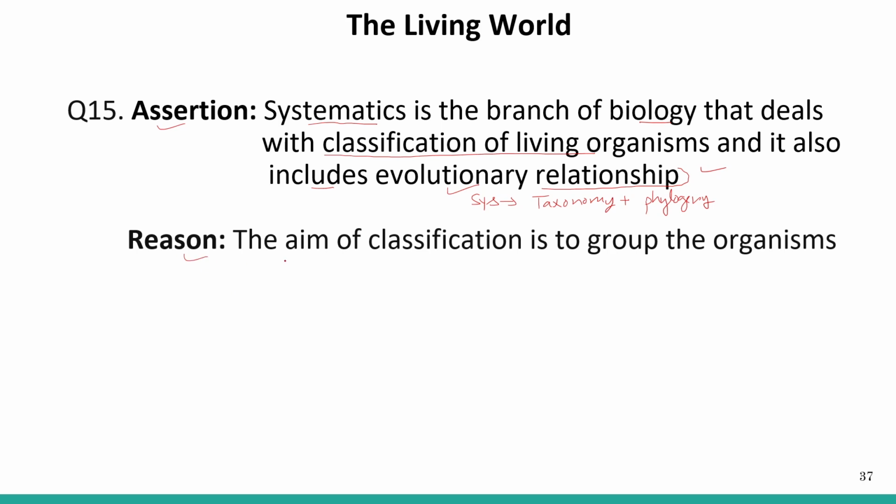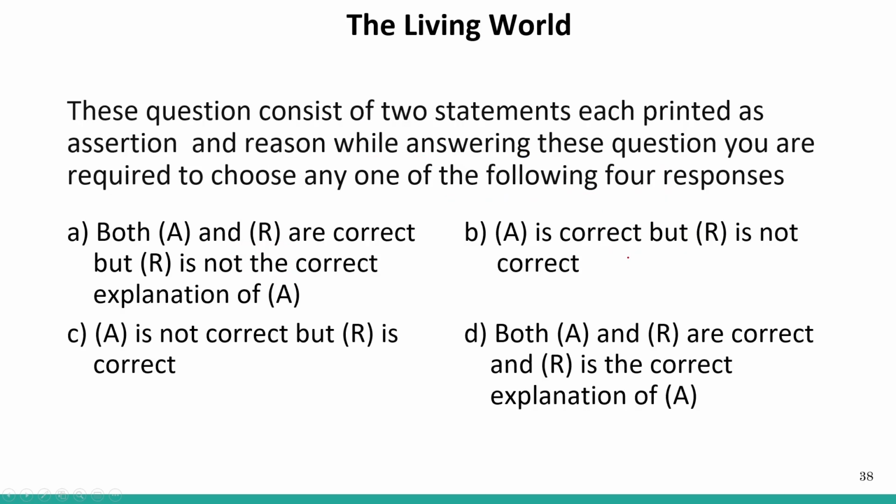Now the second statement, the reason: the aim of classification is to group the organisms. This is also true. These questions consist of two statements, printed as assertion and reason.